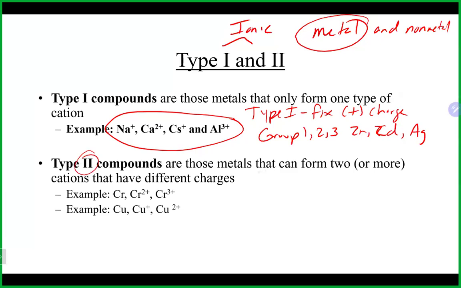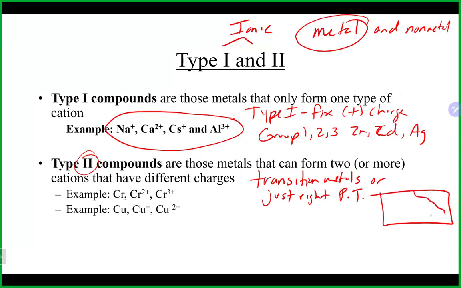Type 2 compounds are typically our transition metals, just to the right on the periodic table, kind of below the staircase. So there are our transition metals, in this region below the staircase, where we have things like lead, tin, bismuth, antimony, those types of guys.